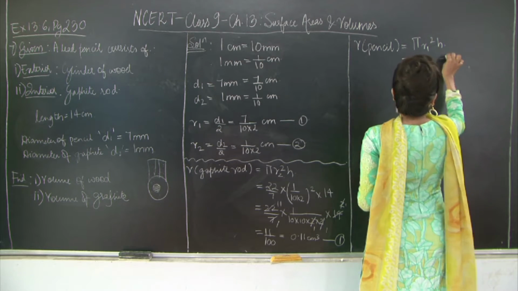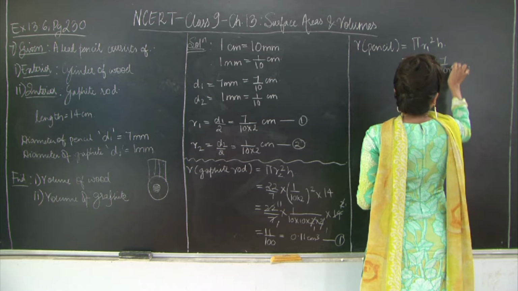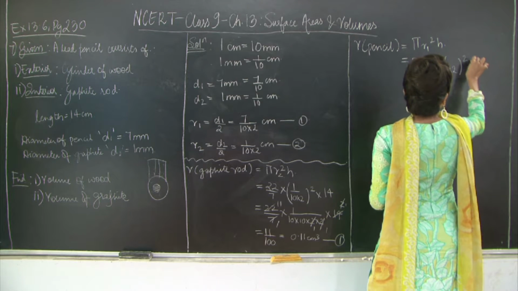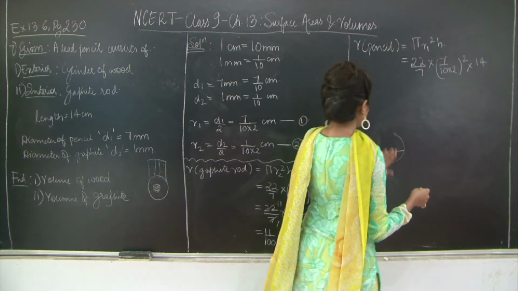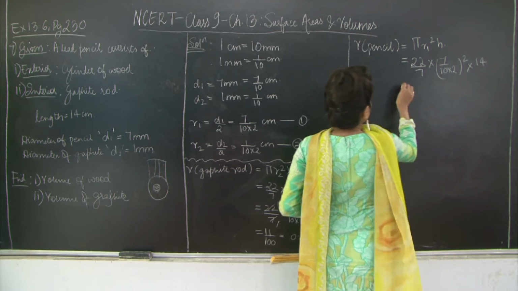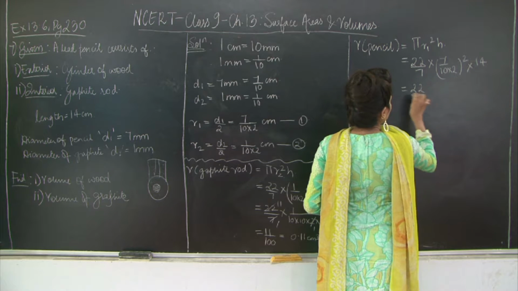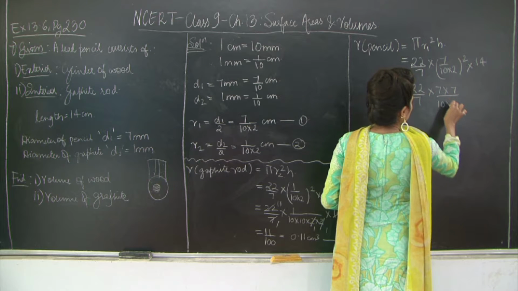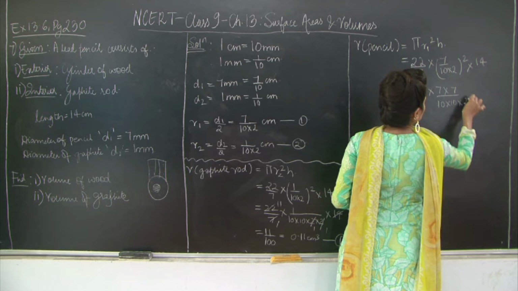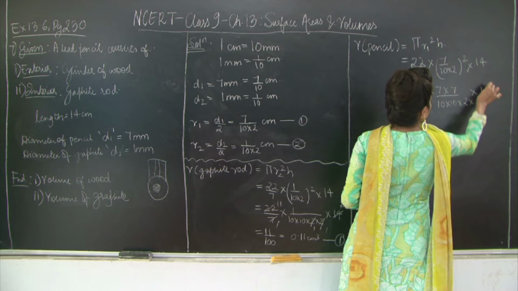So this is going to be 7 upon 10 into 2, the whole square, into 14. So this is equal to 22 upon 7 into 7 into 7 upon 10 into 10 into 2 into 2 into 14.